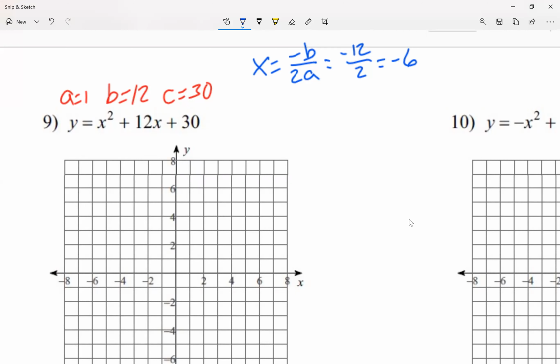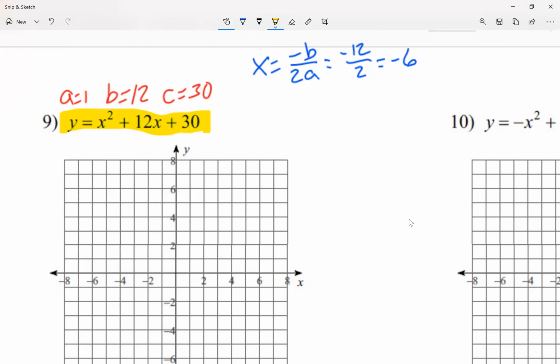Now, for me to figure out the y value, because I need to know an x and a y value for my vertex. Remember, vertex is a point. I'm going to use the whole equation, but instead of x, I'm going to use negative 6. And that's how I'm going to find out the y value. Let me use red so we don't get confused.